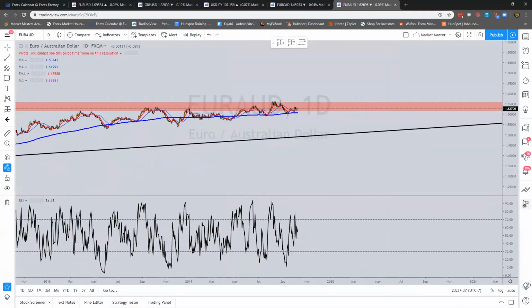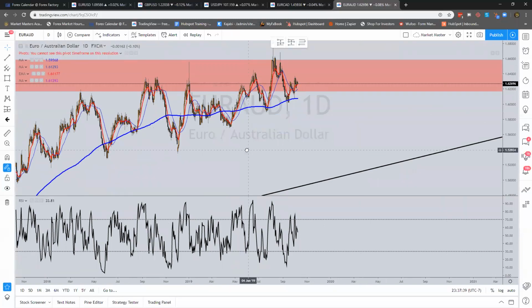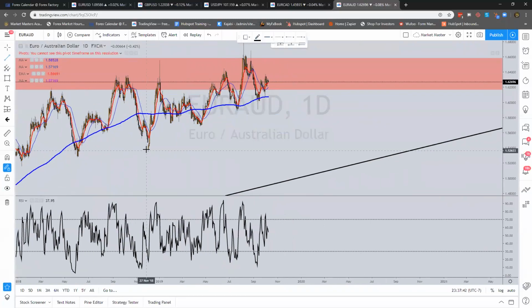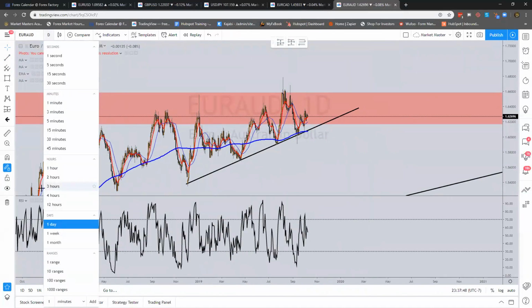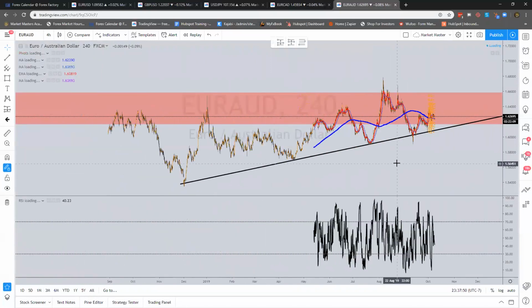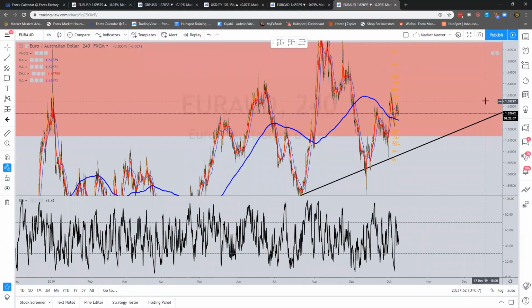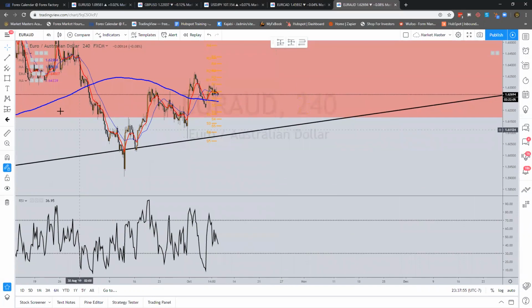Now this is a weekly, so there's a lot going on there. Let's get the support like this. I like the way Euro AUD is pretty smooth, the way that it moves.